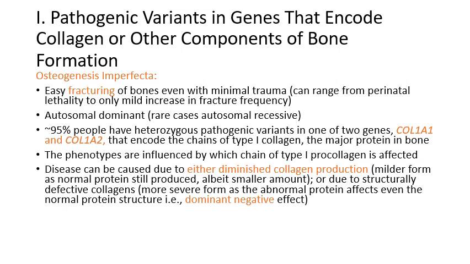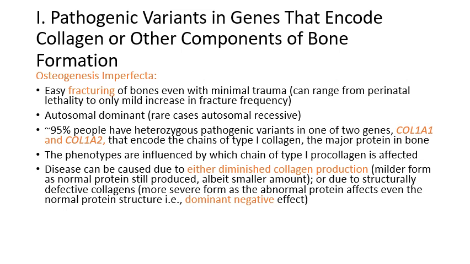heterozygous pathogenic variants in one of two genes, COL1A1 or COL1A2, that encode the chains of type 1 collagen, the major protein in bone. So the phenotypes are influenced by which chain of type 1 procollagen is affected.